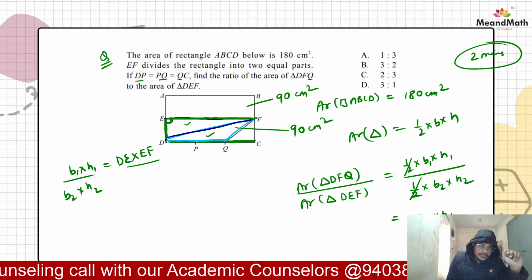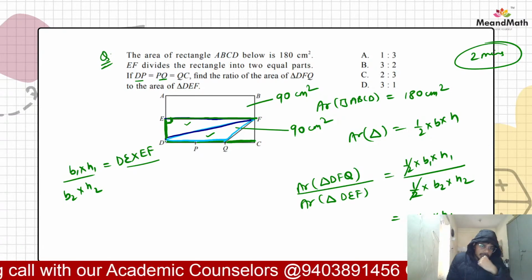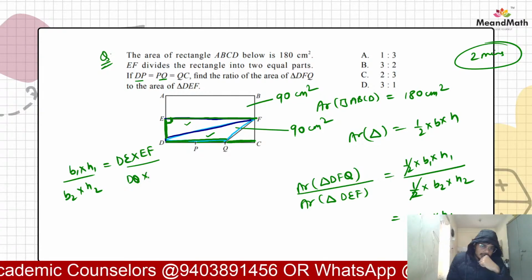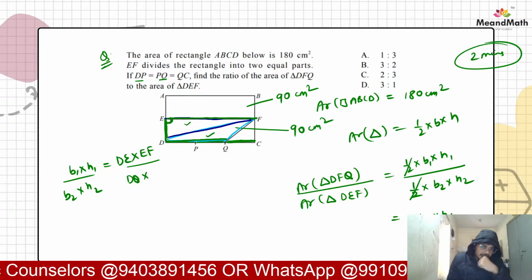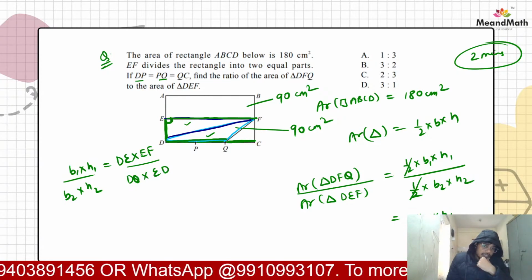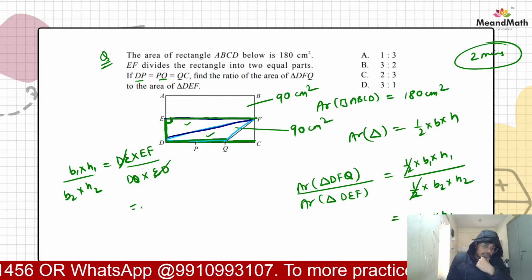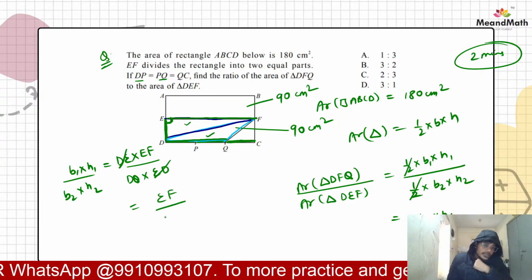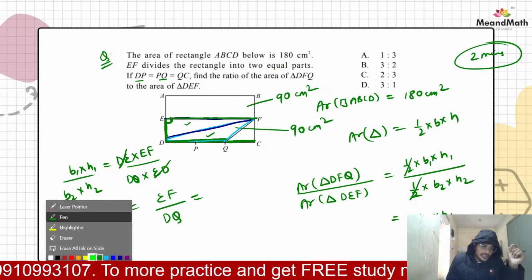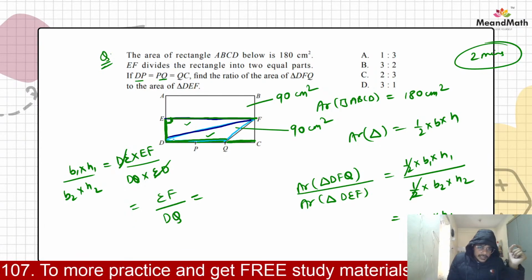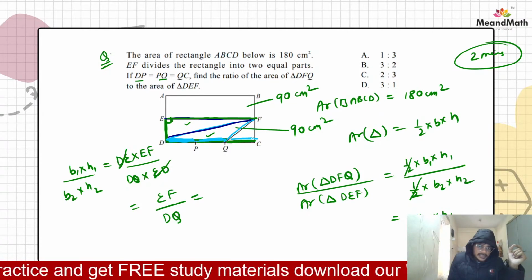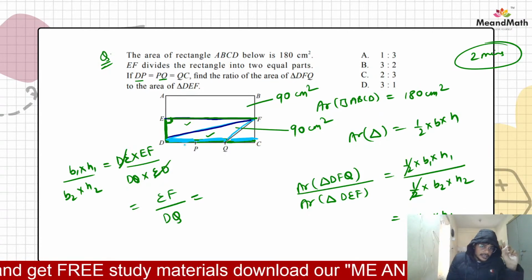Now let's say this is the base, which is DQ. Then what is the height? The height should be this now, because this is the altitude here. So this should be ED. Now see, DE and DE cancel out, so you will be left with EF over DQ. Now see, at the start of the question, it is told to us that this distance and this distance are equal.